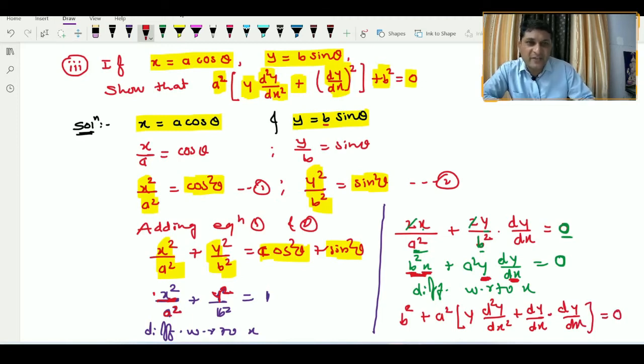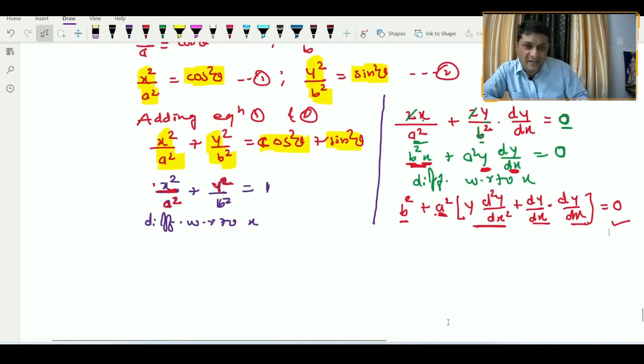Now observe that we are very close to our required result. Here b square is there, we have already got b square, and what is multiplied with a square here? The first term is y d2y upon dx square, so y d2y by dx square, and here plus dy by dx into dy by dx is the square of dy by dx. We can say that this is our required result.